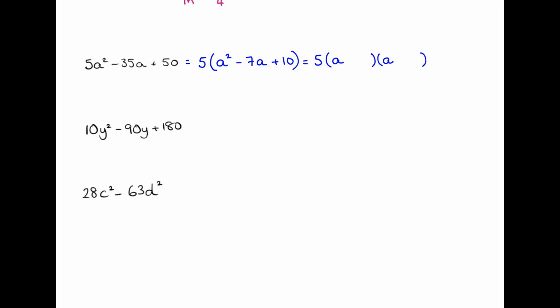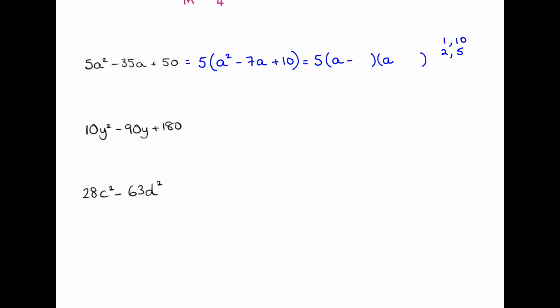Then the next job is to write down the factors in pairs of the third term, which gives us 1 and 10 and 2 and 5. We then look at the signs. The sign of the third term is a plus, which means that the signs in the brackets are both going to be the same, and both the same as that one.